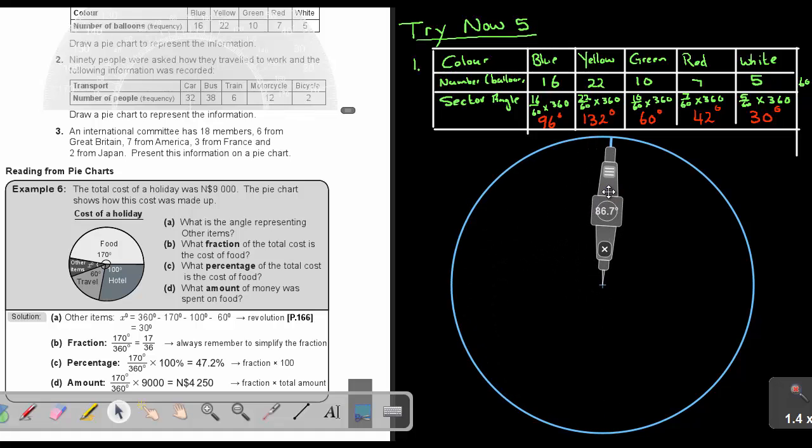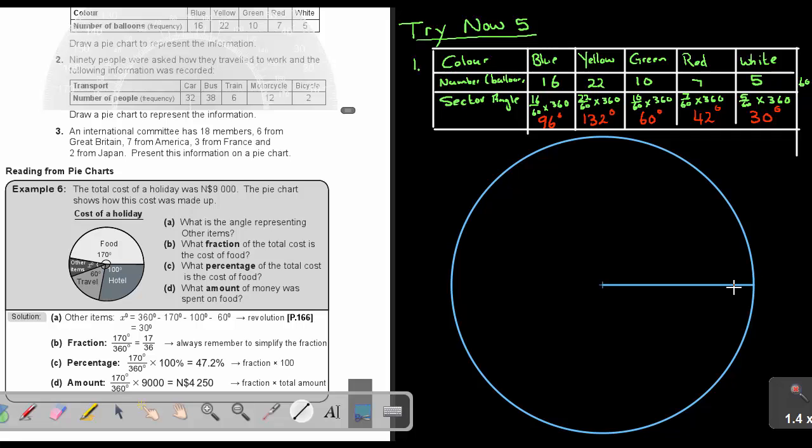Okay. Now, it's very important that I draw a line from the center to make a radius.